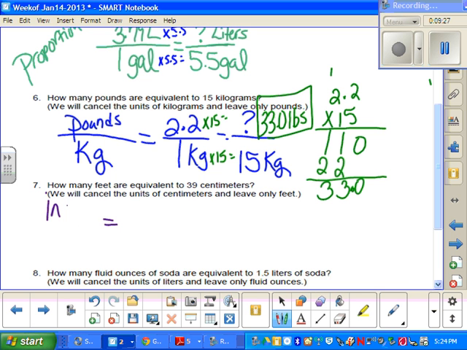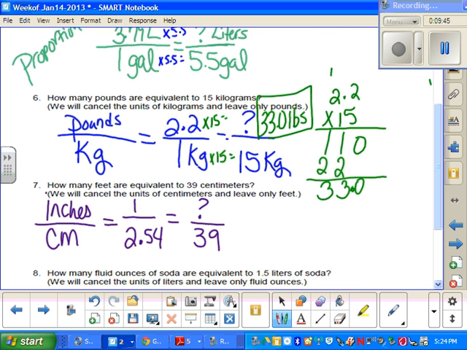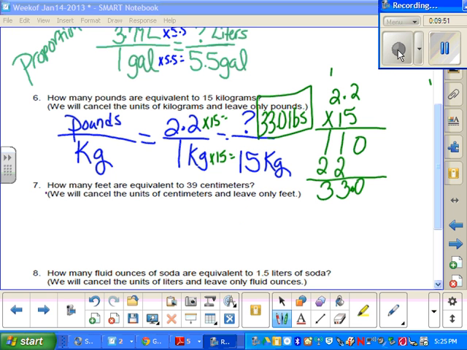So we're going to start out with inches to centimeters. And we know that in 1 inch, there's 2.54 centimeters. Setting up our proportion, we're given 39 centimeters. All right, let's look at it again.